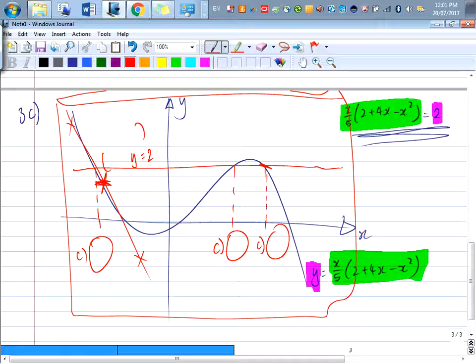Because what does the marker do? He flips to your gradient question, then he sees this. Gradient equals to something minus something over something minus something. Then he flips back to the graph. Do you expect him to go and find the point himself? No. You are expected to write down the coordinates for him to see, so that he can check whether you have substituted in the correct answers or not.